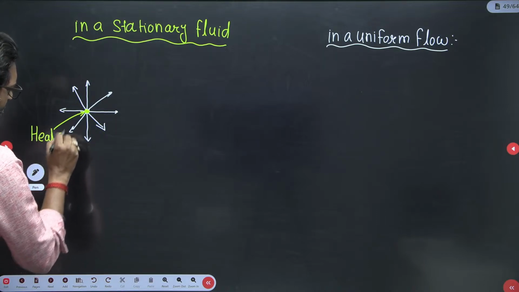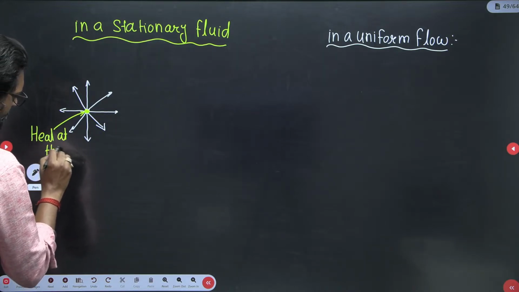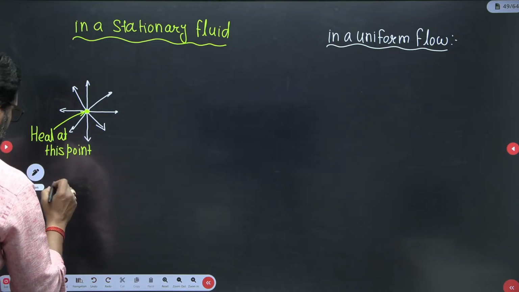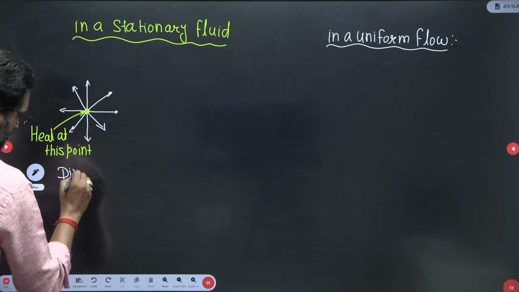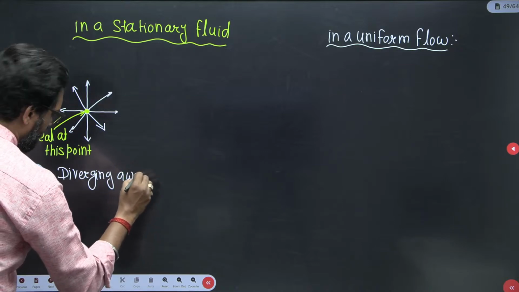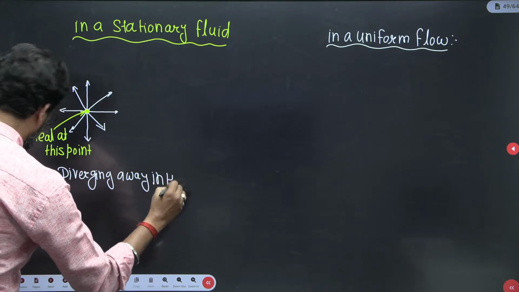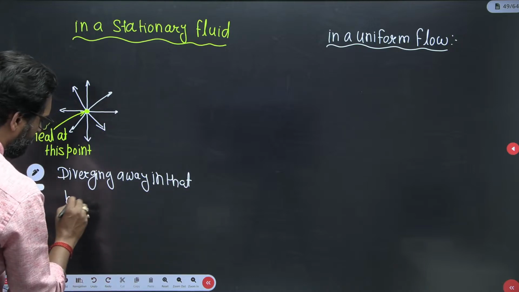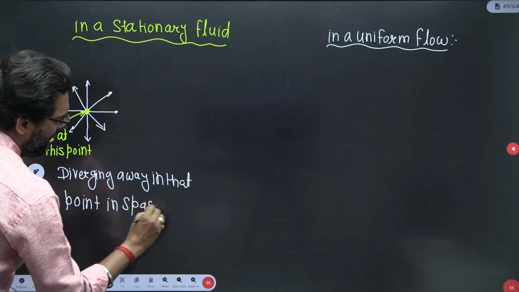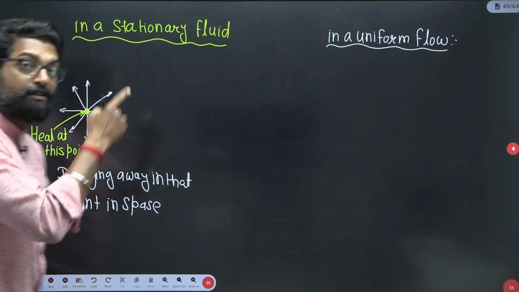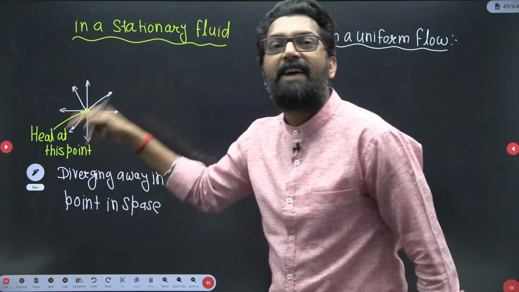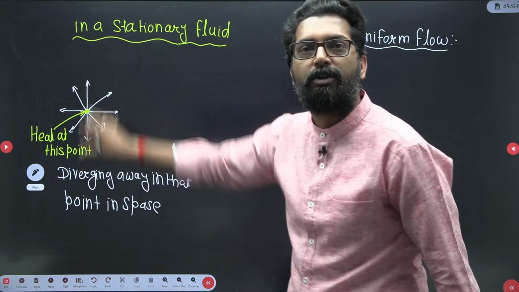If you heat at this point, the fluid is diverging away from that point in space, and its density reduces. So minus, that means d rho by dt is equal to minus the divergence of mass flux. That means the mass flux divergence will be positive.